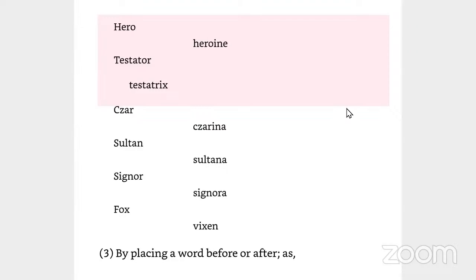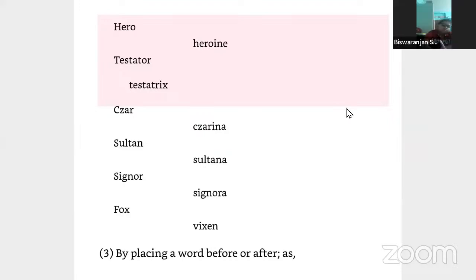Czar has two spellings: one is C-Z-A-R, another is T-Z-A-R. It refers to an emperor. But all emperors are not called czars. The emperors who ruled in Russia before 1917 were called czars. Got it?